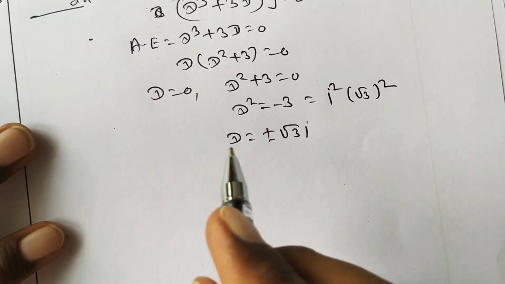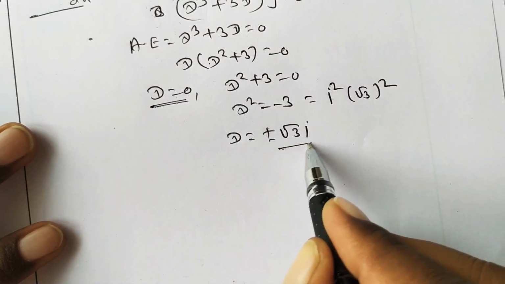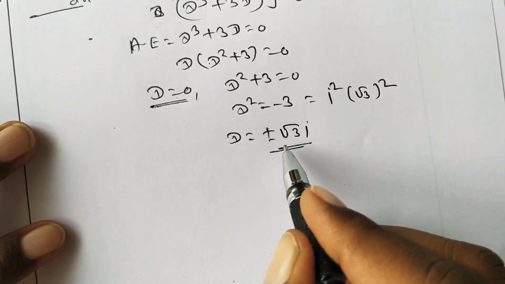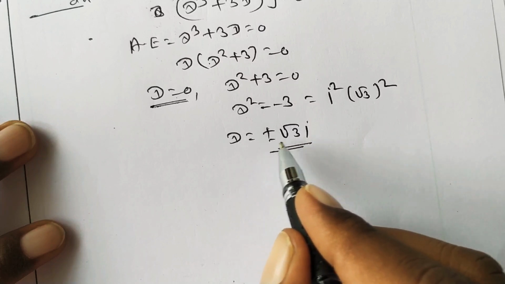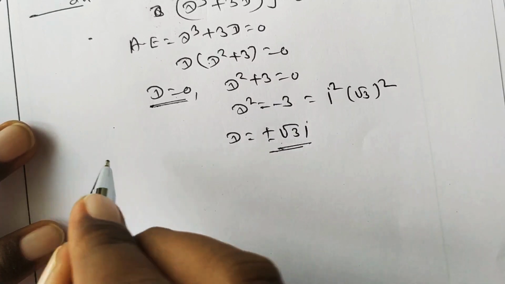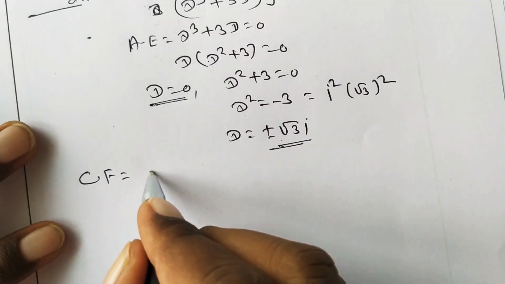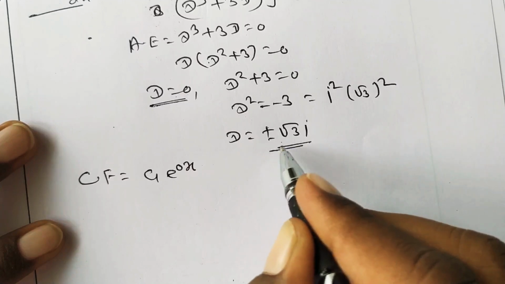So now how do we write CF? The first one is d equal to 0, and the other two roots are imaginary, that is plus or minus root 3 i. Imaginary and non-repeated means root 3 i is not equal to minus root 3 i. So first write CF for the real root, that is for 0, C1 e to the power 0x, and then write for the imaginary root.